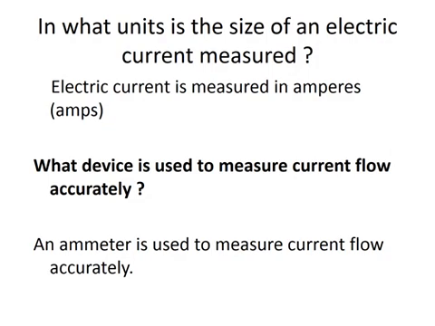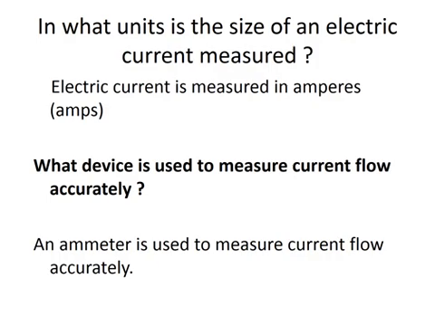So the name of the device is an ammeter. I have discussed this in detail in the previous lecture. So if you want to go into the detail of the ammeter, you can check out the previous video. But an ammeter is the device which is used to measure the current accurately.